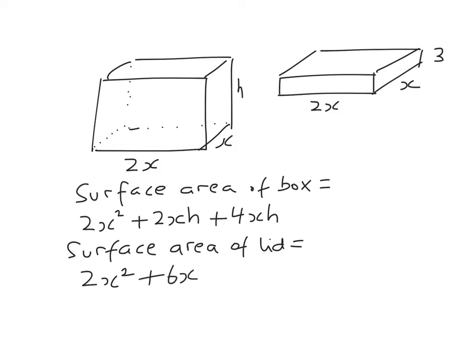And then the front and the back have area 2x times 3, 2x times 3, so that's 6x plus 6x, that's 12x. Let's do a bit of simplifying. This becomes 2x squared plus 6xh, and the area becomes 2x squared plus 18x.